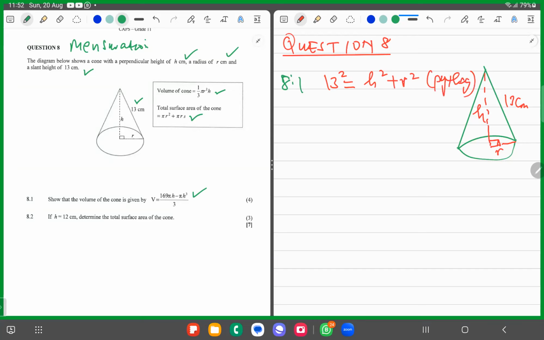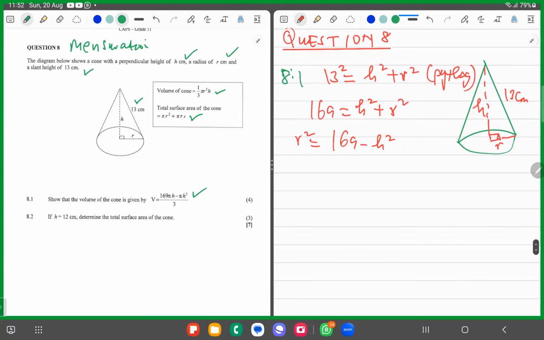So we get 169 equals h squared plus r squared. We want to get r squared, which means r squared is the same as 169 minus h squared. So what is the volume?